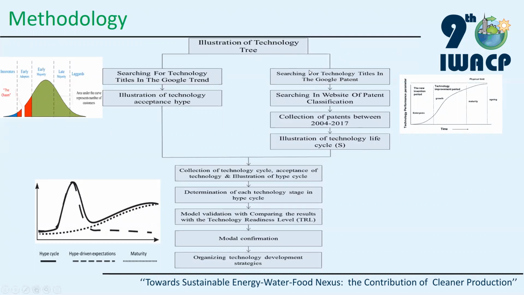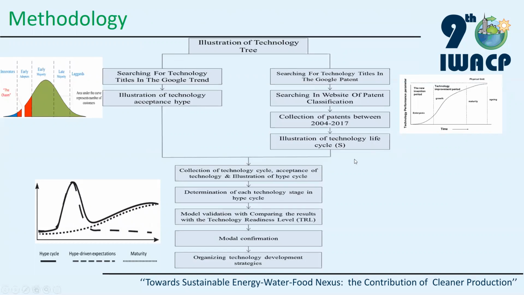After that, by searching the patents in some valid sources, US patents and EU patents, and finding the title of each patent by using Google Patents, we found the situation of each technology in the life cycle diagram. And by using Google Trends and its advanced application, we found the situation of each technology in the acceptance diagram, which is whether it is in early adopters or late maturity.